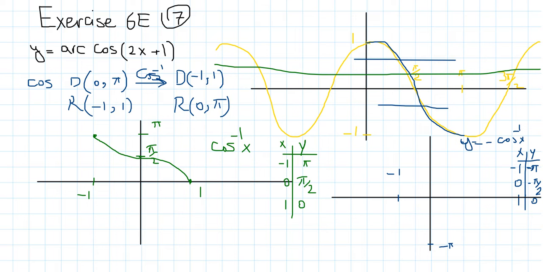Minus 1 and minus pi is my first point. Another point is 0 and minus pi over 2. Suppose that here is minus pi over 2. And here is 1 and 0. I can draw the graph like this. It is the graph of y equals minus cosine inverse x. Now let's go to solve the problem.